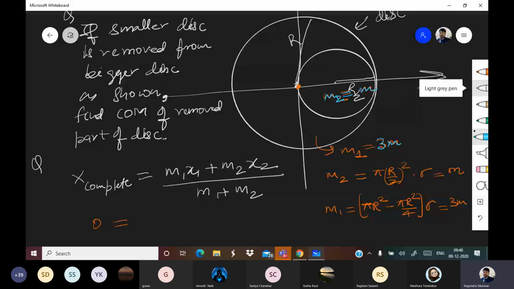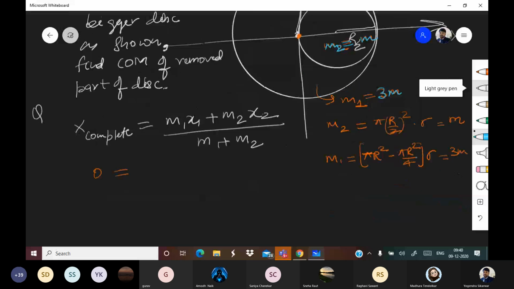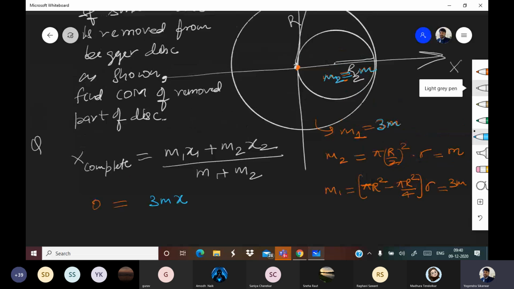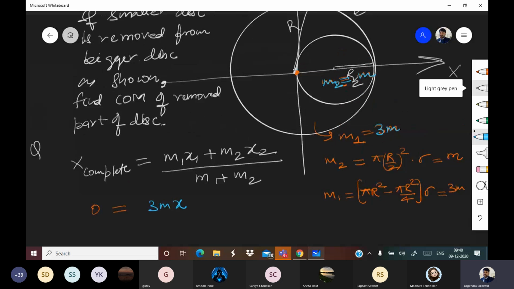All right. So 0 is equal to M1, which is 3M, into X1, that is to be calculated, plus M2, M2 is M only, into X2. Now pay attention. What will be the center of mass of the removed part? It will be r by 2, comma 0. So M into r by 2 upon total mass.